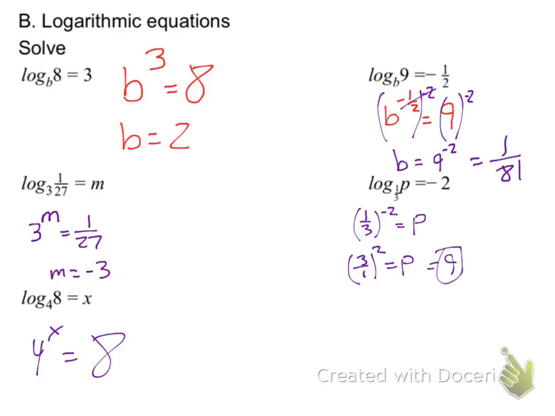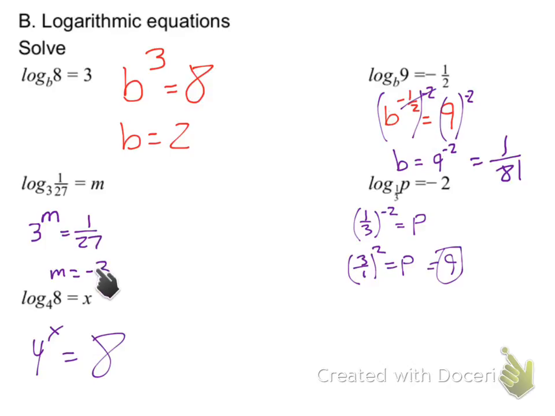Now let's think of this. Up in this problem here, we noticed that 3 and 27 could both be written as a power of what?